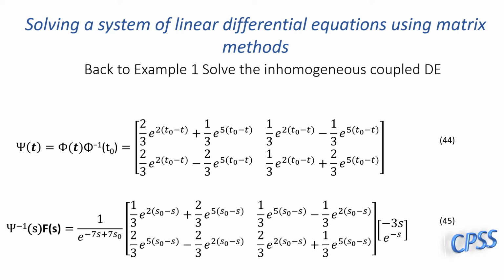Now, you have to calculate the inverse of the fundamental matrix and multiply by the forcing function column vector. So in order to find the inverse, you need to calculate 1 over the determinant of the fundamental matrix, and then change the diagonals and take the negative of the off diagonals.